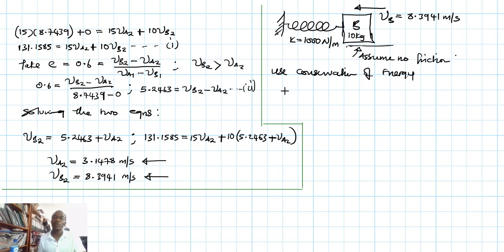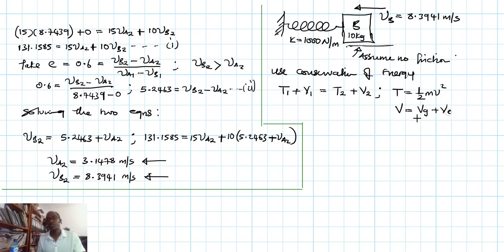Okay, so we have T1 plus V1 is equal to T2 plus V2. And our T here is just equal to half mv squared, and our V is just equal to Vg plus Ve.